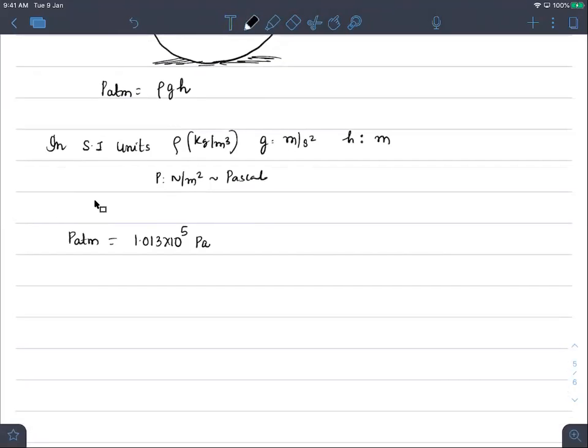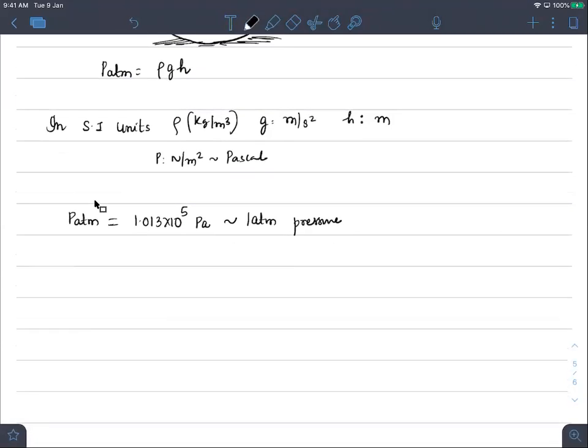Okay, this may not be precise at each and every location because we have different topographies on Earth, but this is taken as a standard average. On this, if you observe, instead of using the term 10 raised to power of 5 and 1.013 always, we have designated this as 1 atm pressure.